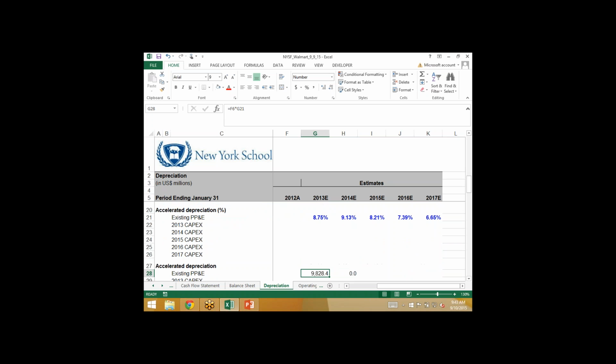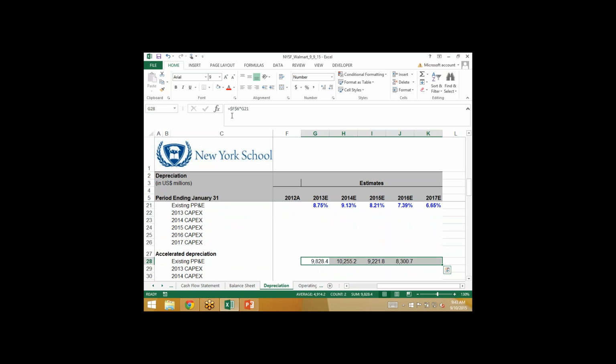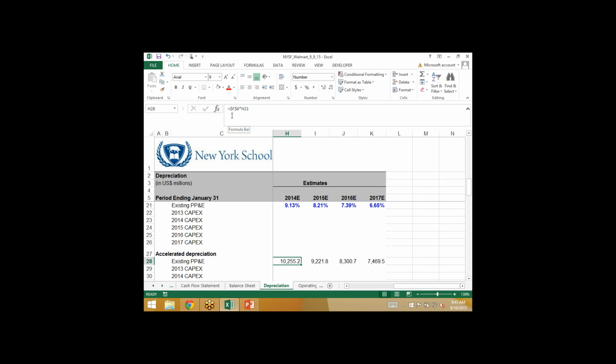So if we go back to this existing PP&E formula that originally references F6, and we anchor the reference to F6 by hitting F4 or putting a dollar sign in front of F, and we copy this to the right, then it works because now we have the 9.13 times the 112. The year after, it's the 112 times 8%, 112 times 7%. Values declining as we go on.